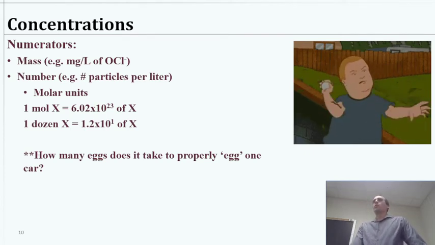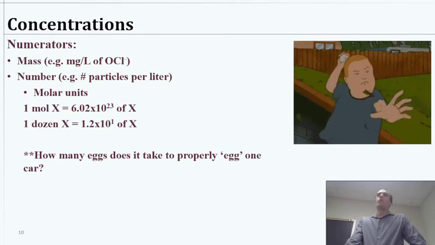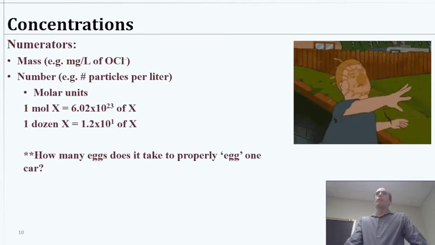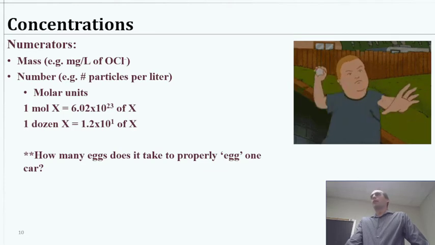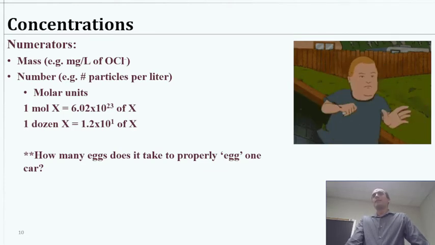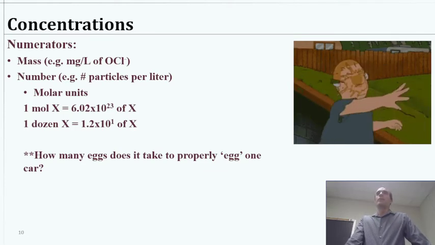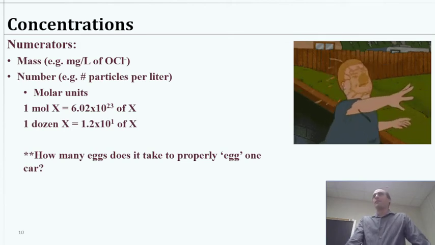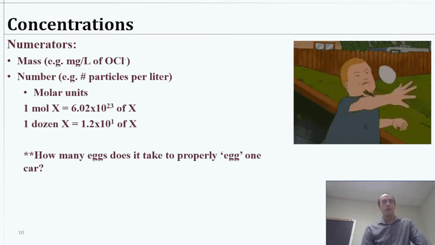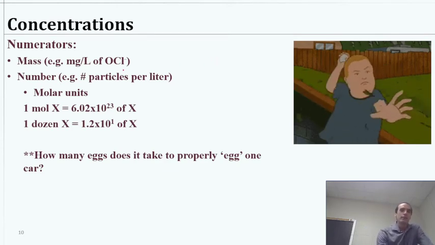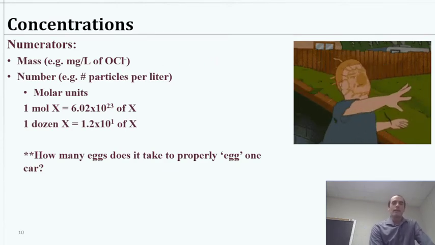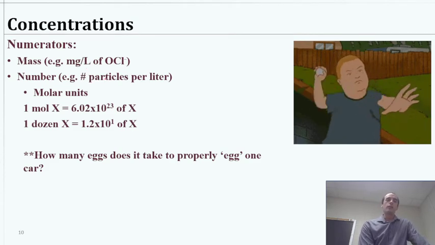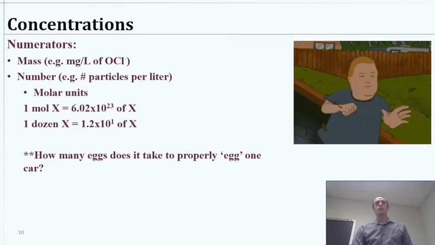We want to make sure we're not just saying, oh, a car is 1 ton, so therefore we should probably have 5 tons of eggs, right? That doesn't make so much sense. Maybe it's 1 egg per windshield or something, right? So it's 5 eggs, not 5 tons of eggs. So anyway, that's essentially the premise, and hopefully a sticky way to think about it in terms of dealing with chemical concentrations.